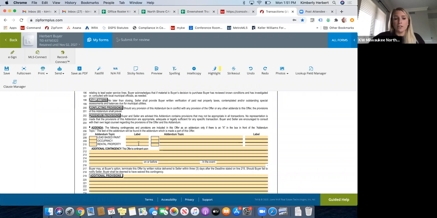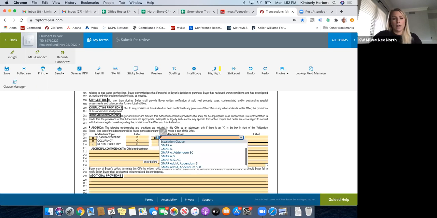This is an additional place where you would attach addenda. Like I was showing you on the offer to purchase, where you show the attachment of GMAR addendum A, you can acknowledge here any additional addendum. So for lead-based paint, you would check the box, and the label for the lead-based paint addendum is addendum S. If you have an occupancy agreement, that's addendum O. Rental property is addendum R, and then you can include any additional that you might have.